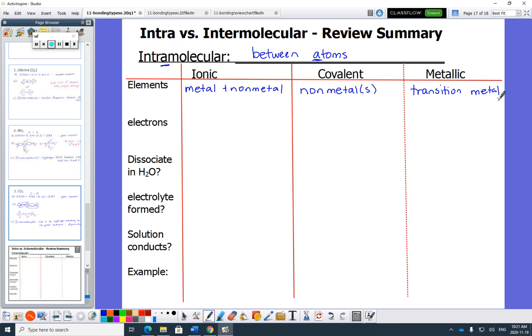In ionic, electrons are transferred. Covalent, they are shared.